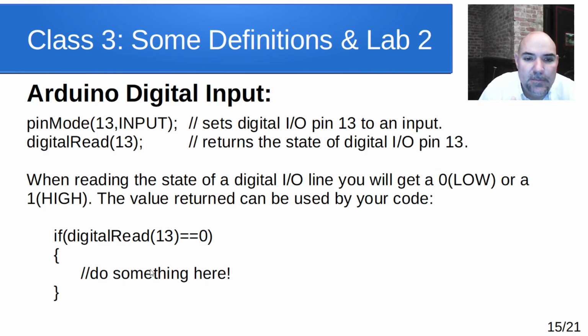So when it goes low, we could do something. We could also do something if it goes high. We could say if digitalRead 13 equal 1 or equal HIGH, all caps HIGH, then do something about it. You're going to be writing some code like this in your lab on the receiving end where it needs to read the state of a pin and say whether it's low or whether it's high.